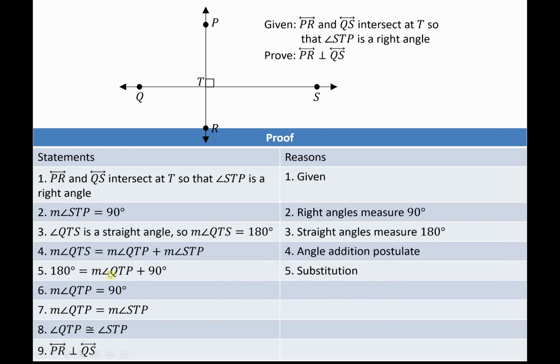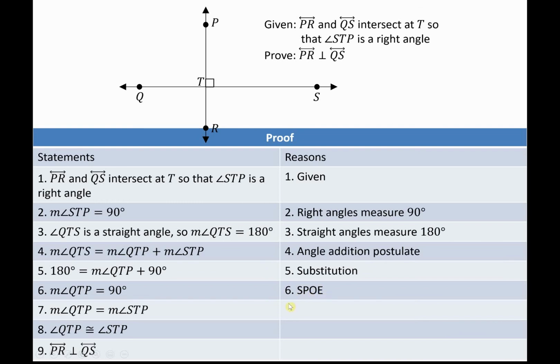Then, what do we do? It looks like we are using this as an equation and subtracting 90 degrees from both sides to go from statement 5 to statement 6. So I would say that justification there would be subtraction property of equality, which I have shortened into the acronym SPO, subtraction property of equality.